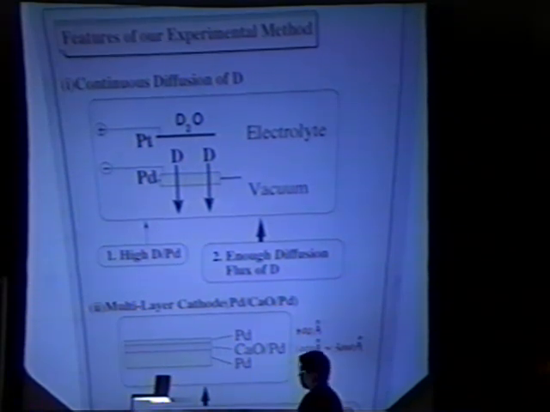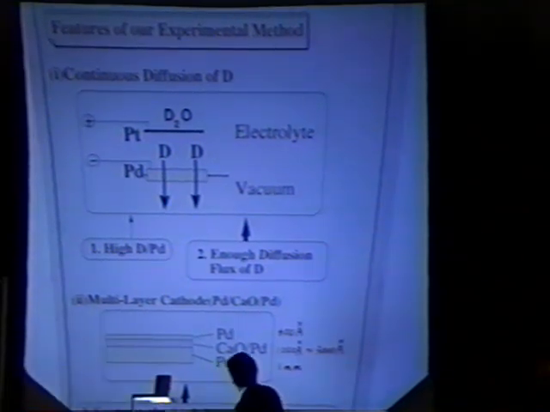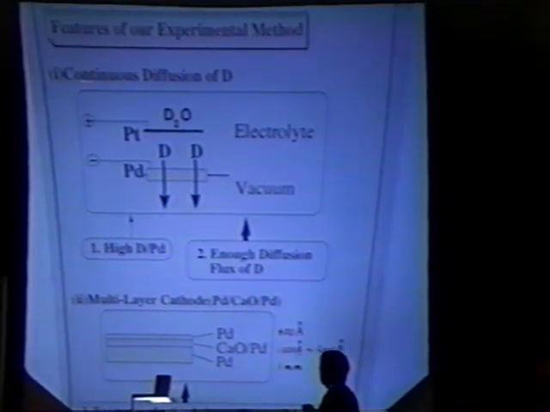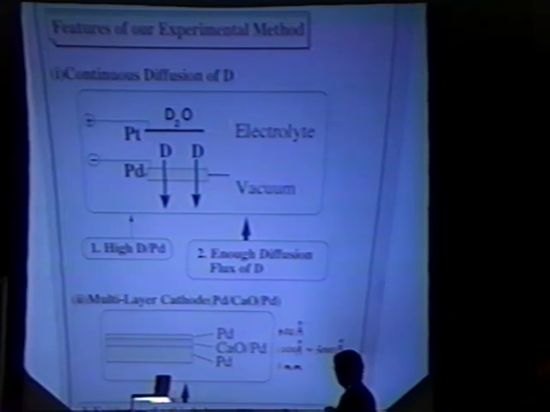Here are the features of our experimental method. The first feature is that the experimental apparatus is made to induce continuous diffusion of deuterium through palladium. Here is the palladium cathode and the platinum anode.